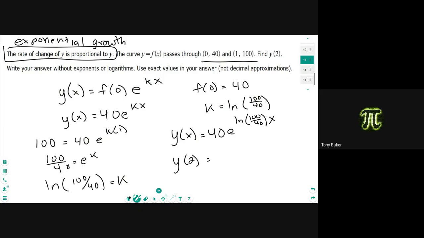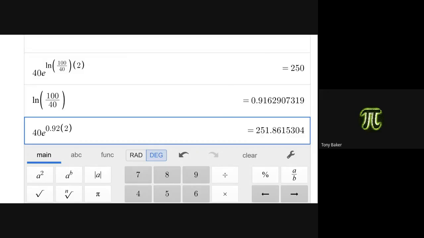So this is why I told you not to round. So if you did ln of 100 over 40, which you should have gotten, you would have gotten 0.916. If you type that in, you round to say 2 decimal places, you get 251.86, and it keeps going. If you put 16 in, we get 249.8. If we put in the 2 and then the 9, we start getting closer and closer.